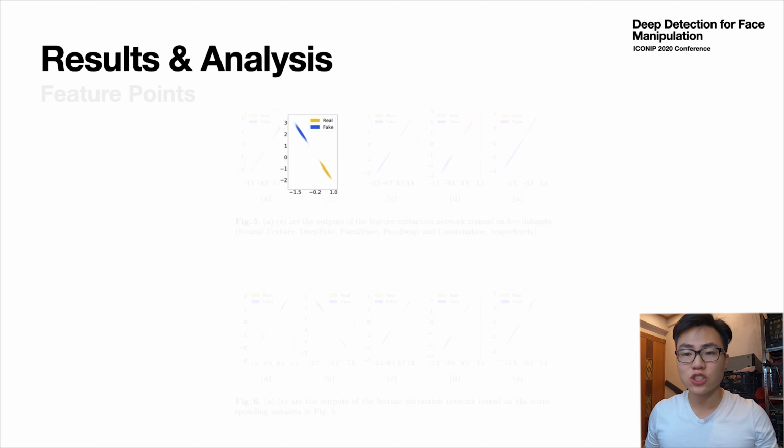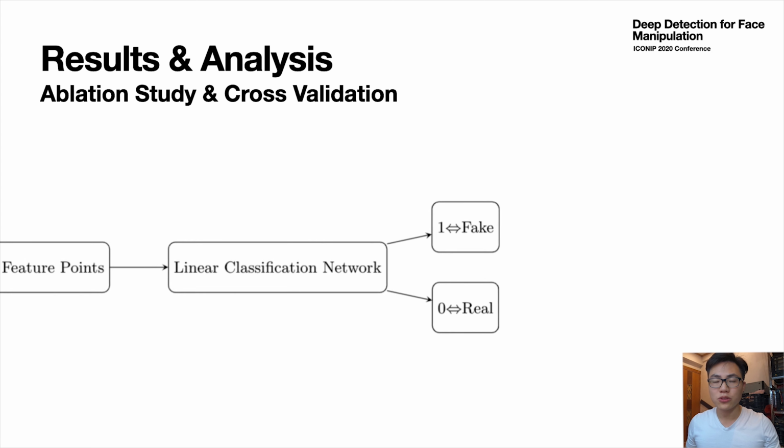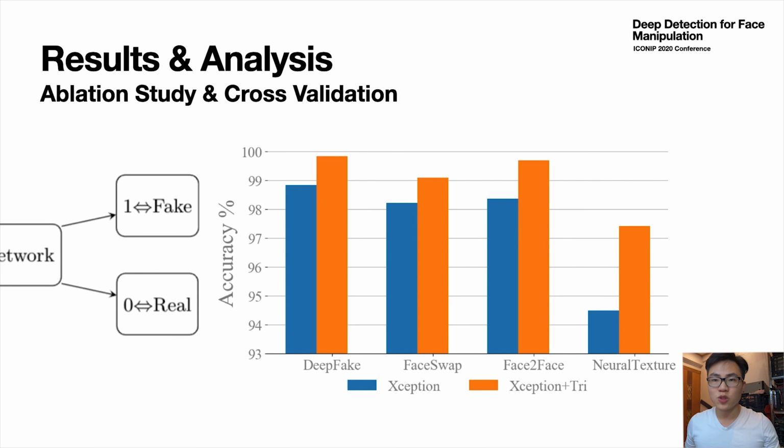Now we take those feature points and feed them into the classification network with labels. We compare the Xception network, the blue ones, and our proposed model, the orange ones, on four datasets individually.